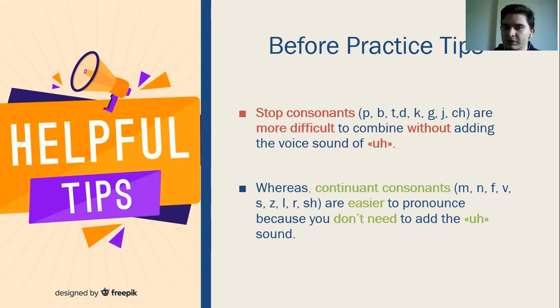Whereas continuant consonants are easier to pronounce because you do not always have to add that sound to these letters. So words that start with continuant consonants can be easier for preschool children to segment and dissect than words that start with stop consonants.